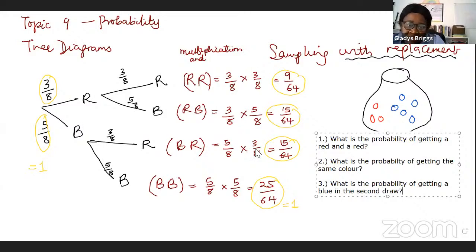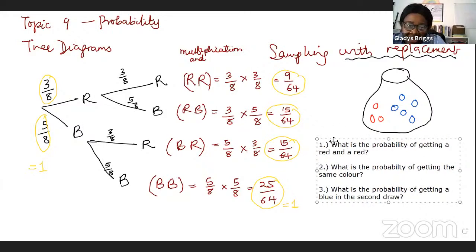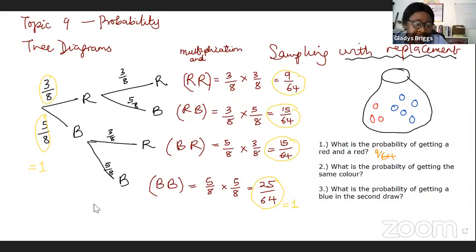Okay, so let me just explain what Adam said earlier to you guys in English, so that the rest of the world can understand it. It says, what is the probability of getting the same color? And the same color is either red and red or blue and blue.